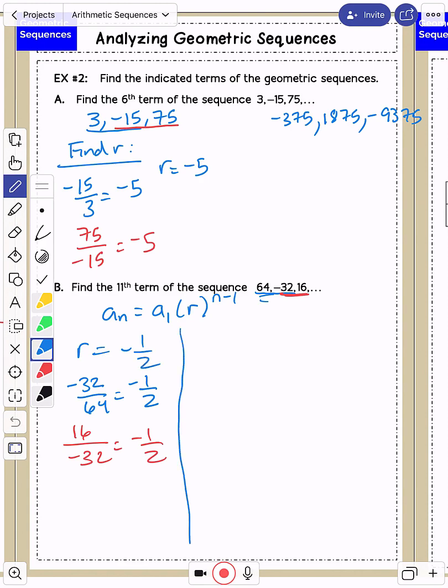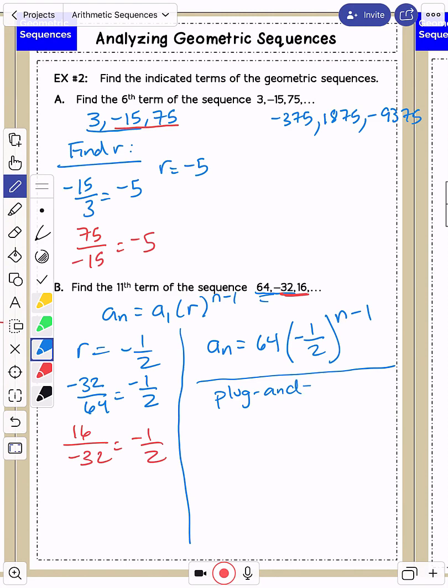So for this particular sequence, a sub n equals a1, which is 64, times minus 1/2 raised to the n minus 1. So that's your formula. And it's just like with arithmetic, we're going to plug and chug. We want the 11th term, so n equals 11.